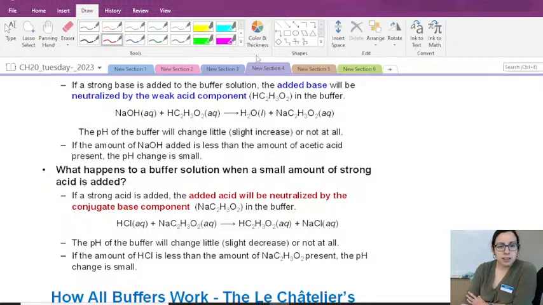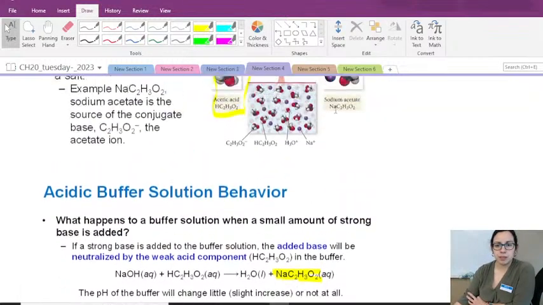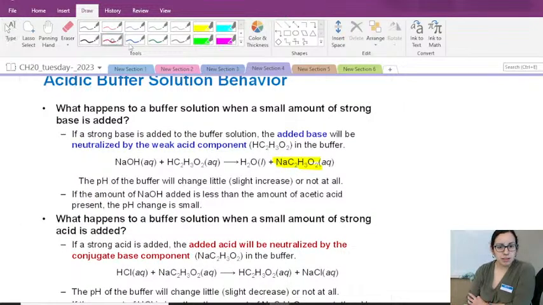And so again, that's the key point here, is either we're making our conjugate base back in solution, and then we have, again, equilibrium, so we can reestablish that equilibrium of acid-base.